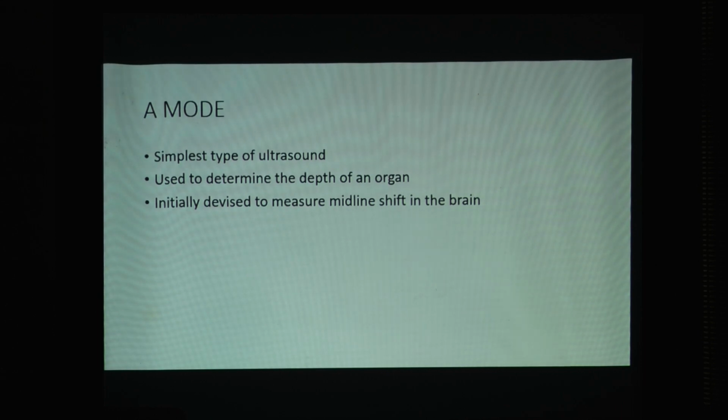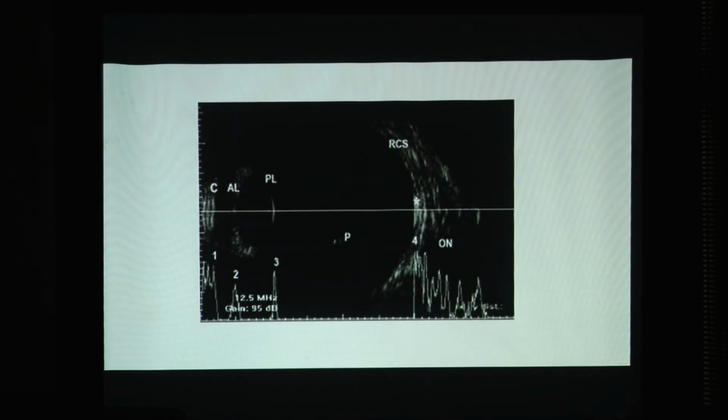So if you get a graph, you can identify the attenuation. But now it is not necessary. So this is the C mode, this is the B mode, amplitude mode. This is the amplitude mode for the eye. Where there are interfaces, you get an amplitude.